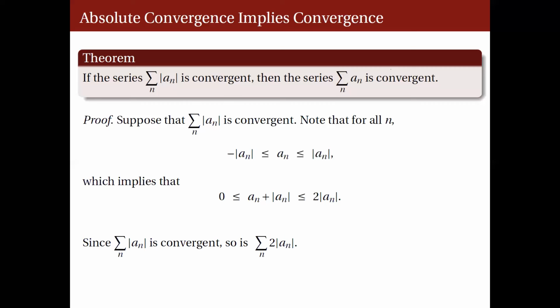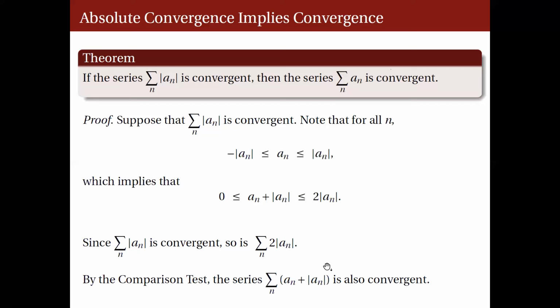So another thing na magpa-follow, dahil yung series na ito yung terms ay convergent, then yung series na ang terms ay a sub n plus absolute value ng a sub n ay convergent din. Bakit? Magpa-follow yun by comparison test. So note important dito yung 0 less than or equal to this expression kasi pinapakita na ang terms ng series na ito ay non-negative. Okay.